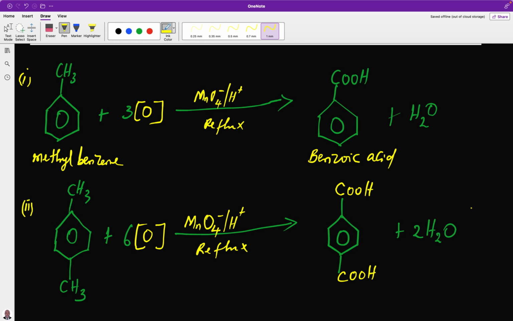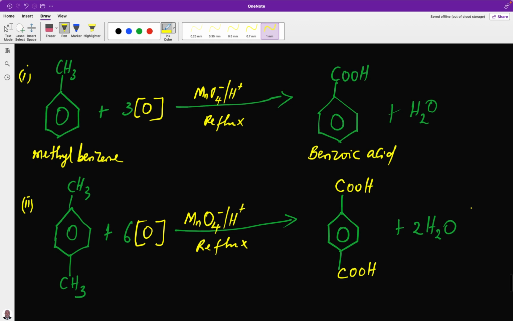We are now going to have two acid groups here. Our product will be a diacid. There are two acid groups because the two side chains are going to be oxidized to two carboxylic acid groups, with two molecules of water being produced.